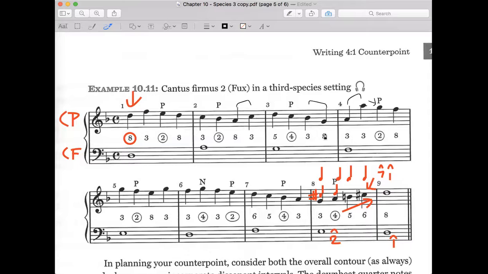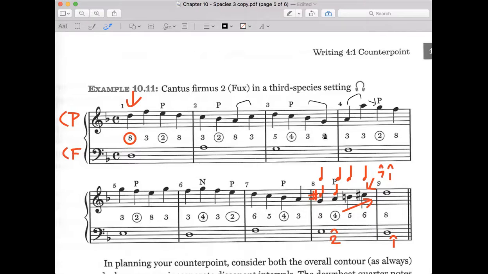If you leap, of course, you can leap by a 4th, you can leap by a 5th, a 6th, or an octave. You do want to watch out for dissonant intervals. So you would not want to leap by an augmented 4th or diminished 5th. So you want to be wary of the dreaded tritone; every key has at least 1.